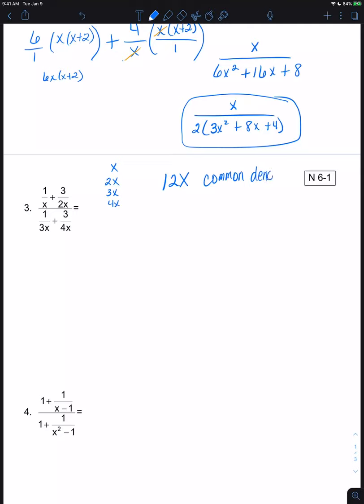We're going to multiply each term then by that 12x.